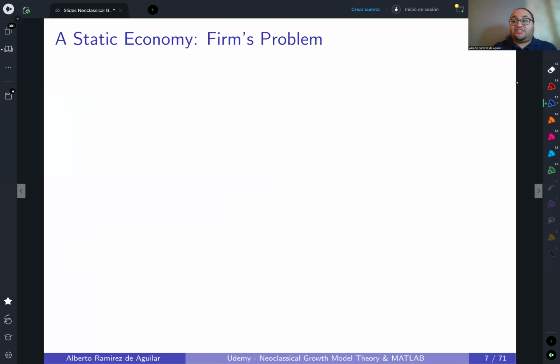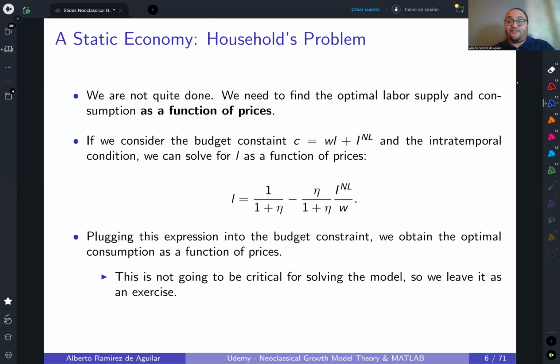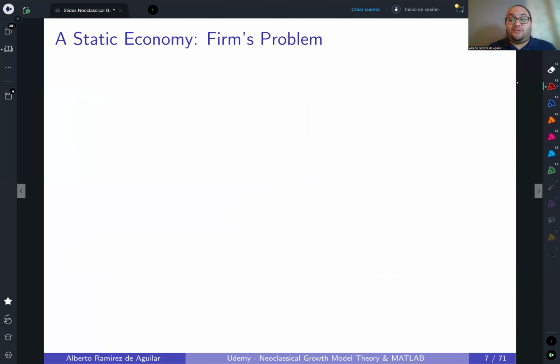Okay. So that's the household's problem. The household problem basically is going to be to solve for the labor demand function. And we already solved for that, which is this. So the next step is to solve the firm's problem. Okay. So let's go into that.